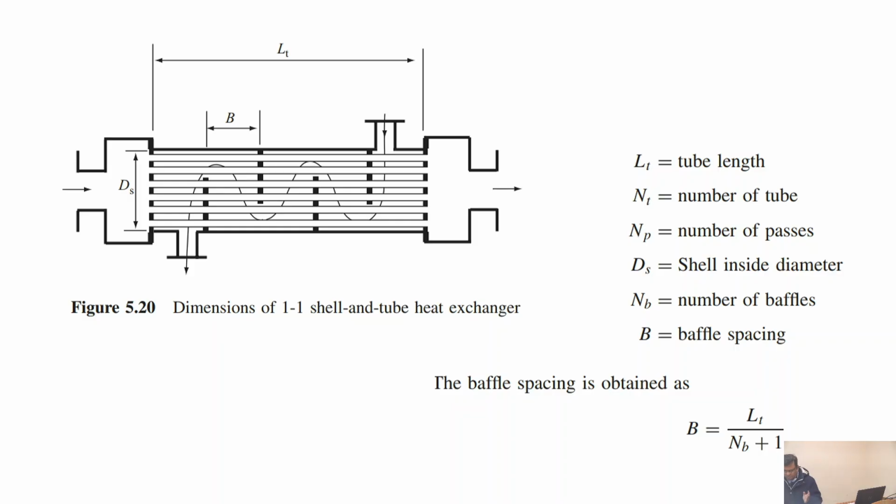You can do m dot Cp delta T, that sort of thing, and calculate how much heat is required to be transferred. But then to transfer that heat, you need some area, right? And that area needs to be distributed amongst various tubes. Correct? The heat transfer is taking place through the tube surfaces. So that area calculation we have to be able to do.